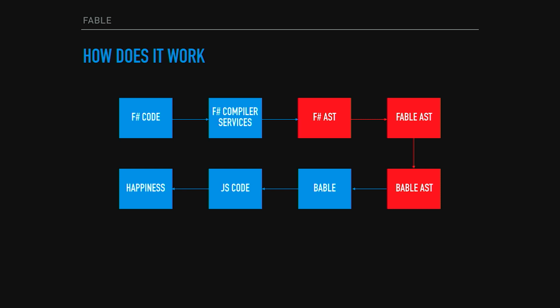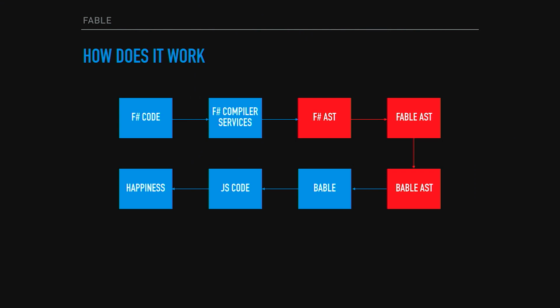Then you have something called F# Compiler Service, a library that's basically a fork of the official F# compiler, just with some additional APIs that are focused on creating developer tooling, AST parsers, and all different kinds of tooling around F#.